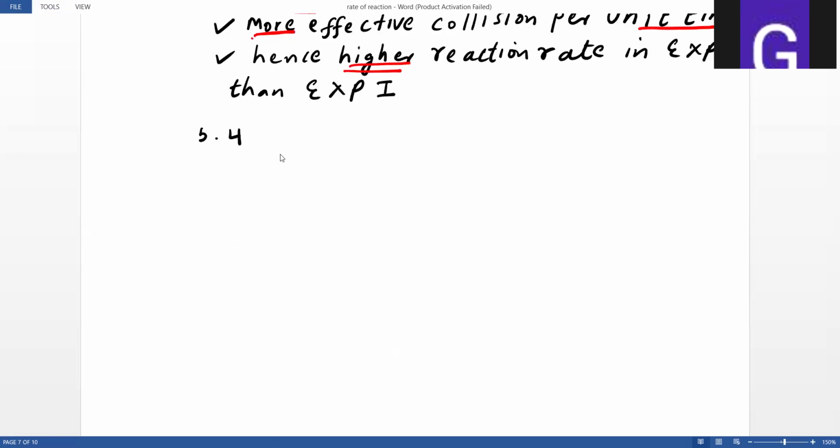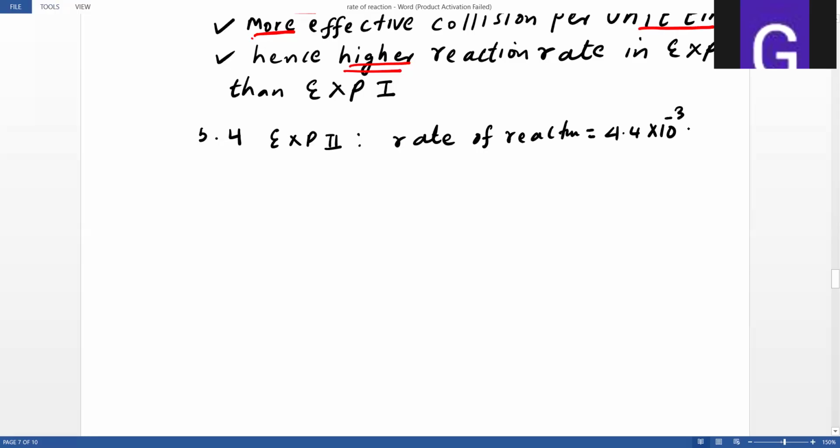Let's write the rate of reaction. In experiment 2, we are given the rate of reaction as 4.4 times 10 to the power minus 3.